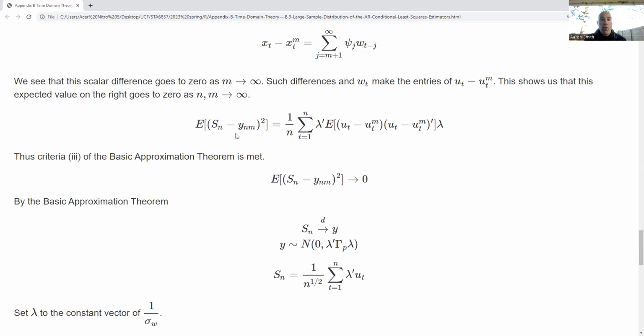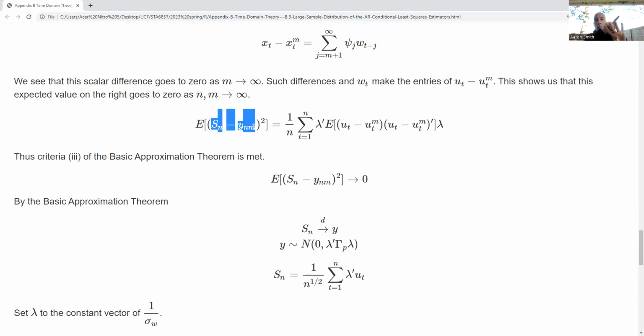All right, so this part here is saying that I can approximate the thing I'm interested in with a double indexed random variable. That double indexed random variable can be approximated with a single indexed random variable, which has in convergence the distribution of another random variable.